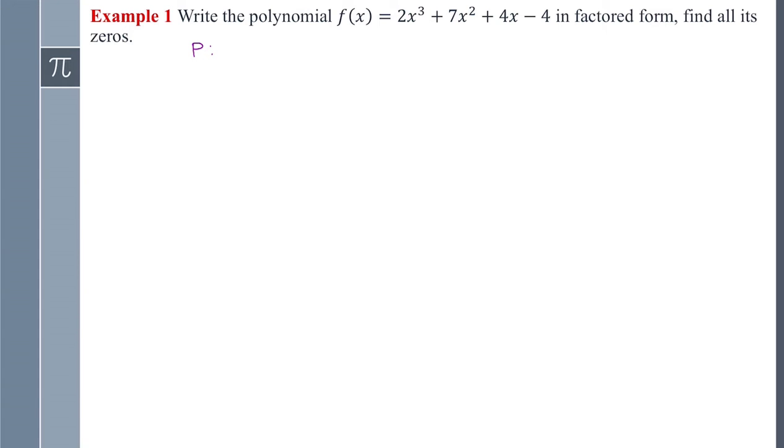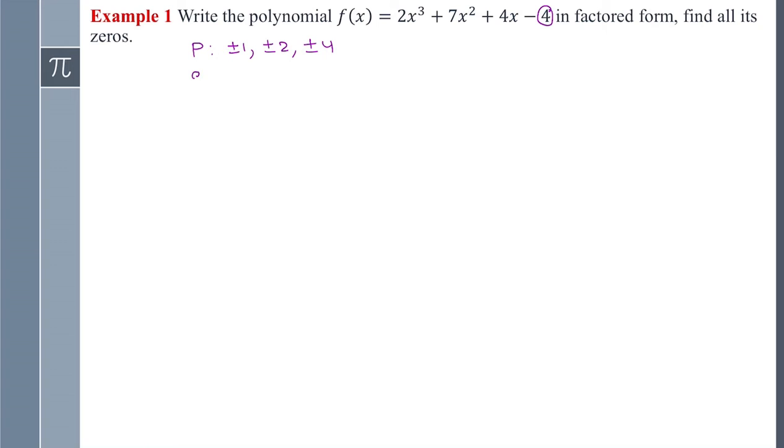Here the constant term is 4, so we find the factors of 4, and we write both positive and negative factors. So factors of 4 are positive and negative 1, positive negative 2, and then positive negative 4.